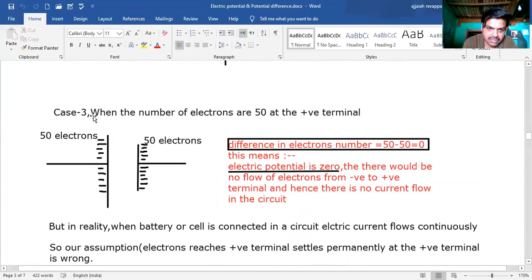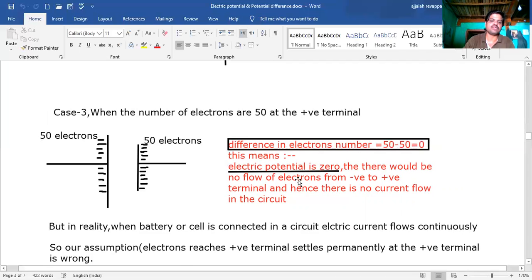Now I'll take case number 3, when the number of electrons is 50 at the positive terminal. It means half of the electrons from the negative terminal have successfully reached the positive terminal and settled there. So now the difference in electron number is 50 minus 50, which is equal to 0.